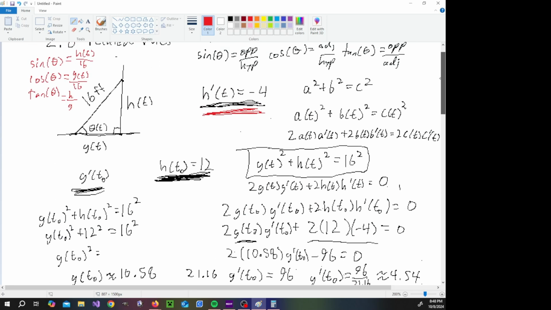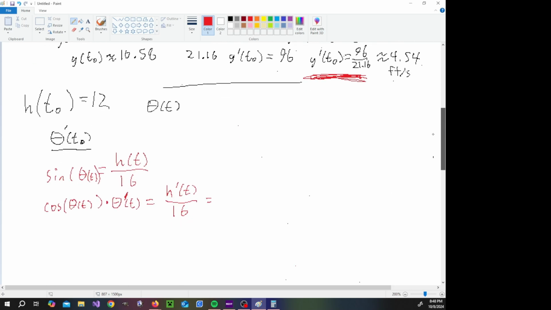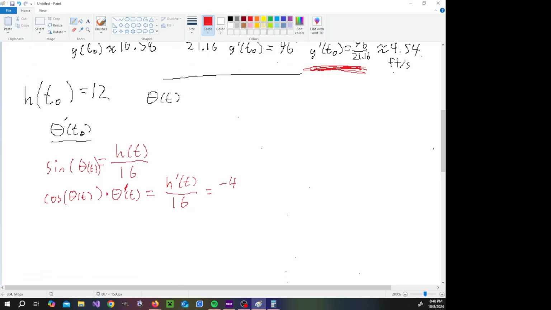Because h prime is automatically going to be -4. So this is -4 over 16, which reduces to just -1/4. So what we have so far is cosine of theta of t times theta prime of t is equal to -1/4.